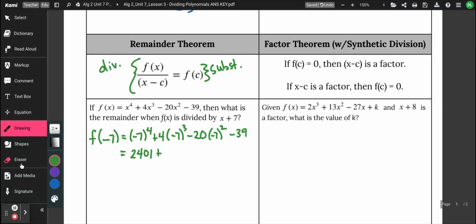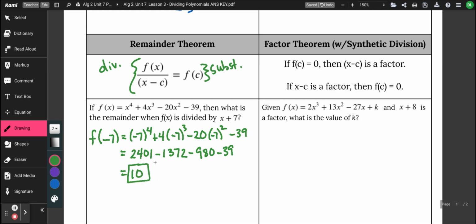And then negative 7 cubed times 4 is negative 1372. And then negative 7 squared times 20 is negative 980, minus 39. If we plug all that into our calculator, we end up with 10.